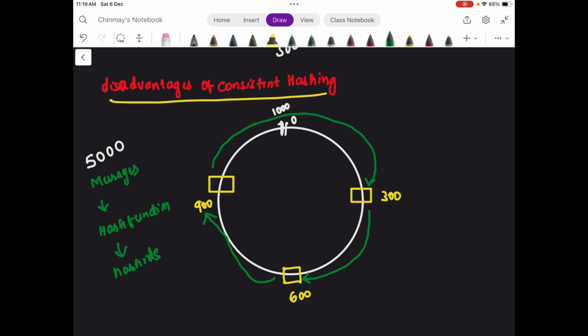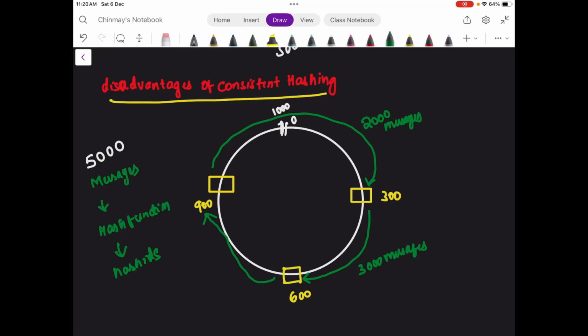Based on the hash IDs, the messages are distributed to the nodes. There is a huge chance that 3000 messages are distributed to the 600 node and another 2000 messages to node 1.